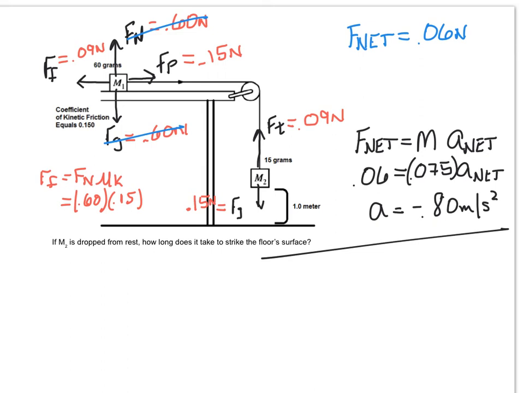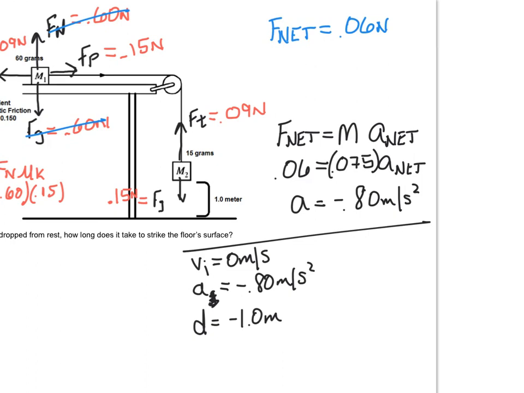Now we're ready for our kinematics problem upon determining how long it takes block number 2 to strike the surface of the ground. Assuming we're dropped from rest, assuming an acceleration, oh, not acceleration due to gravity, sorry. Knowing our distance that we have to travel, now it's just a matter of picking the right appropriate kinematic equation.